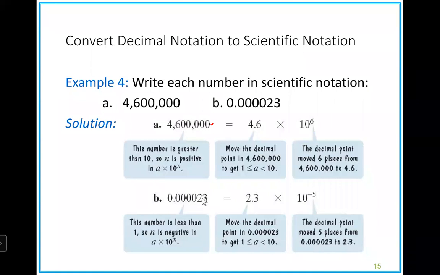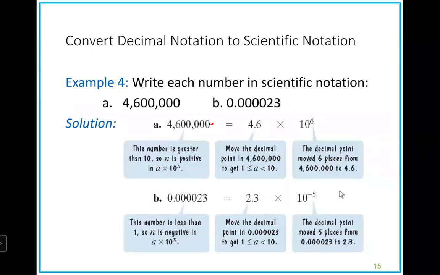And we now have to see how many places we need to move that point. So you got to move it 1, 2, 3, 4, 5. So we have to move it 5 places. So it's going to be 2.3 times 10. But because the number that we started off was less than 1, then the power is going to be negative. So that's why we have 10 to the negative power of 5 here.